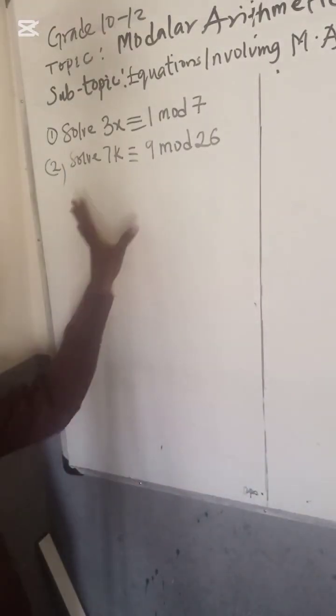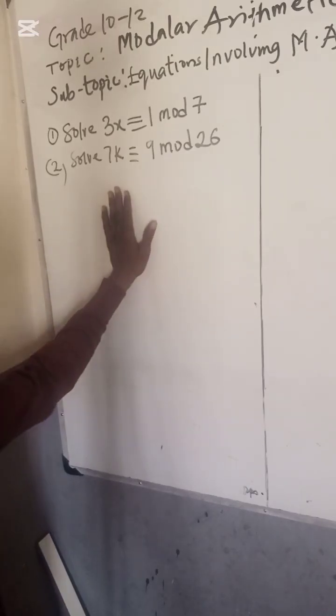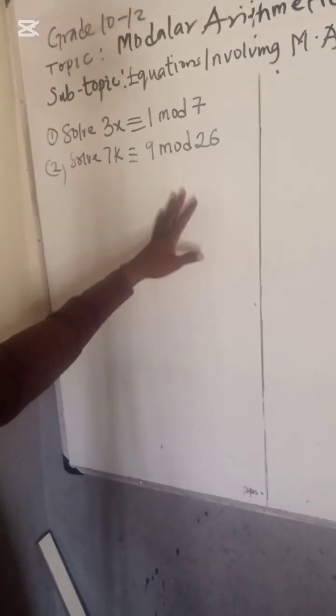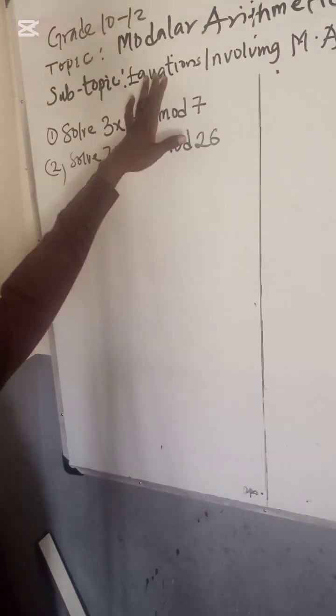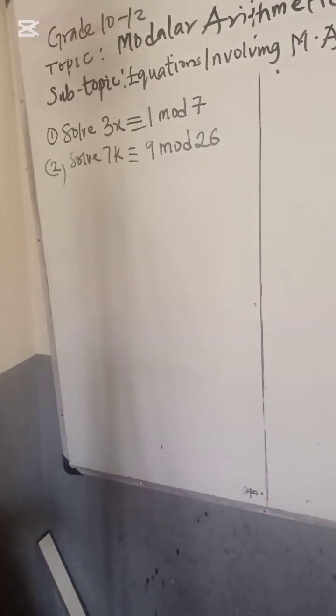We can see on the board we are through with the algebraic processes involving modular arithmetics, and we are now on equations involving modular arithmetics.